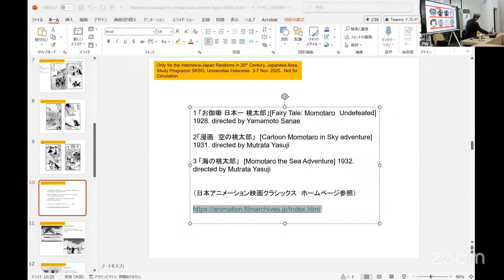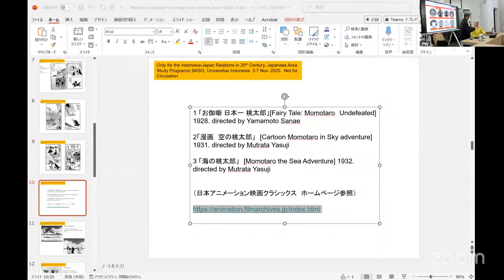Dan mungkin Anda kaget, mungkin sepertinya itu asal dari Amerika, aslinya itu Mickey Mouse. Dan juga datang ke Jepang dan transformasi kepada Japanese.